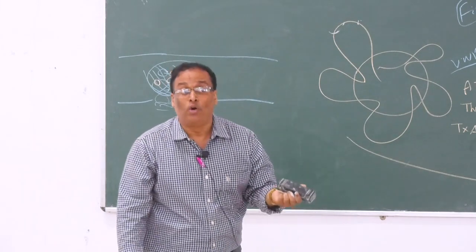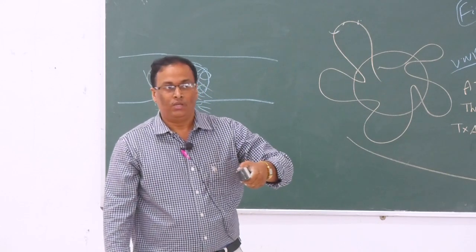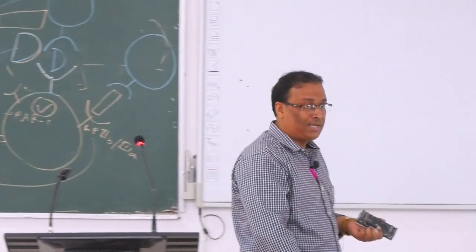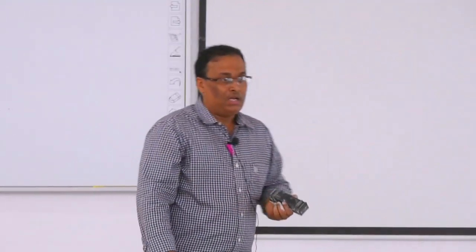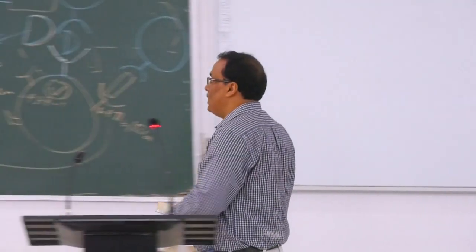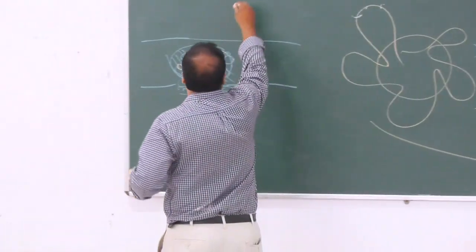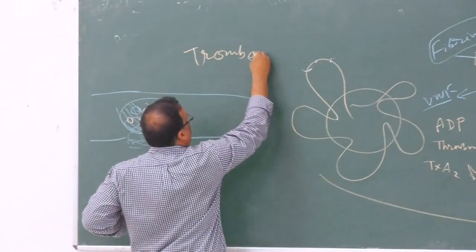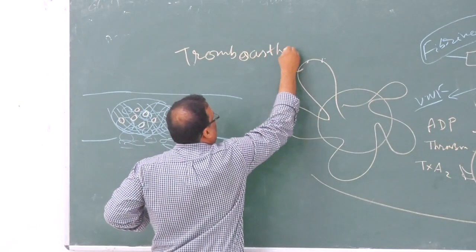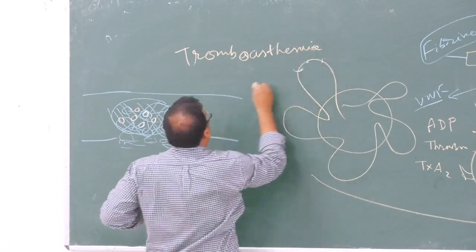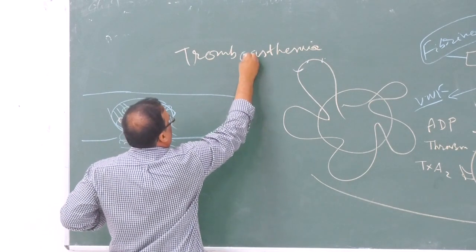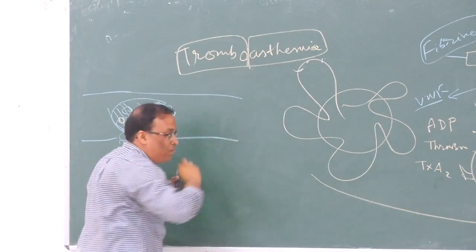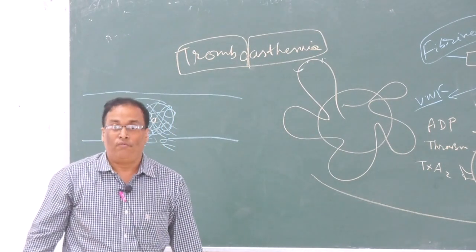thrombocytopenia or thrombasthenia. The two are different things. Thrombocytopenia means reduced count of platelets, and thrombasthenia means a functional problem of platelets. Thrombasthenia is called a functional problem.